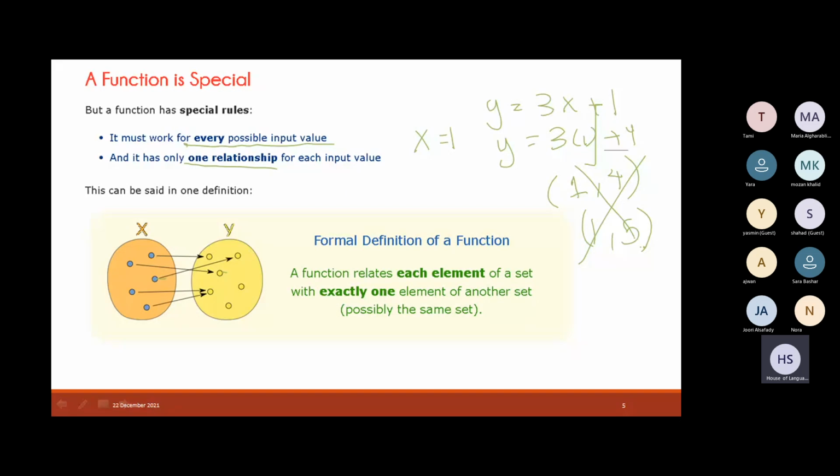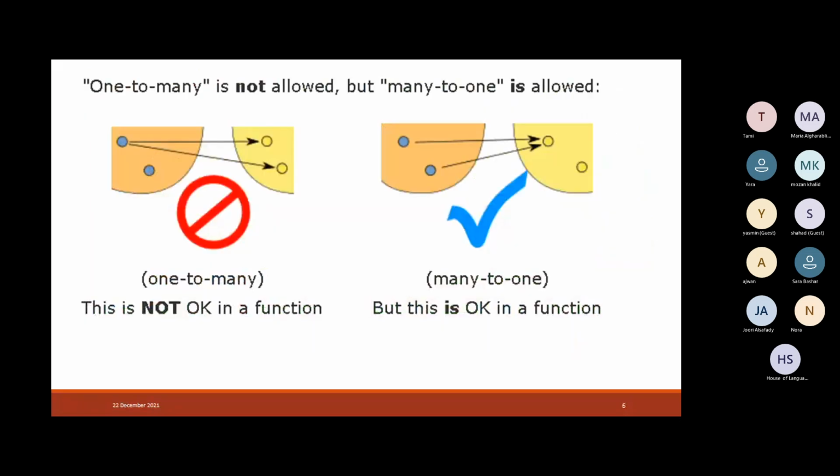Not relation, but not function. So here, every input has only one relation. Now, look at this one, which is very important.